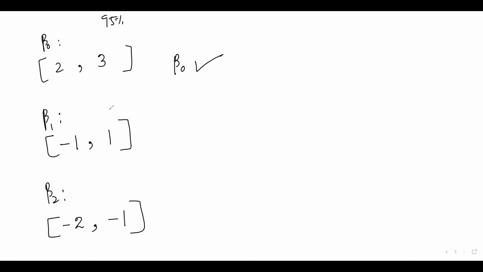This one, 0 is included here, right? Between -1 and +1, 0 is included. So there is a chance that beta 1 can be 0. Therefore, beta 1 is insignificant. We can drop this particular term from the model.